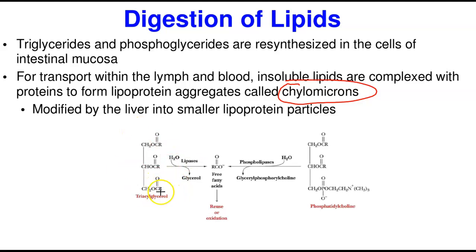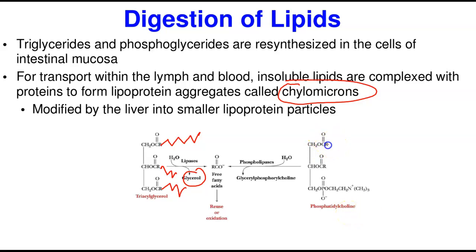So look at what is happening here. This is a triglyceride. The arrow group here represents the esterified fatty acid. So this ester bond will be broken down by lipases using water because it's a hydrolysis reaction, to release glycerol, and then the free fatty acid will be floating. If you have phosphoglycerol, just like phosphatidylcholine, what is going to happen here?